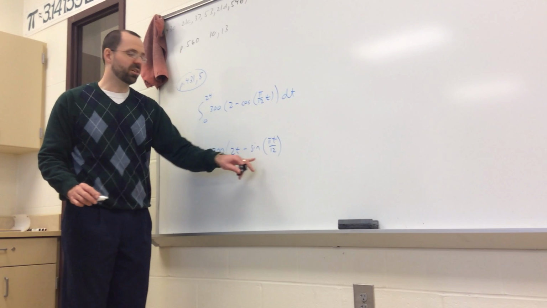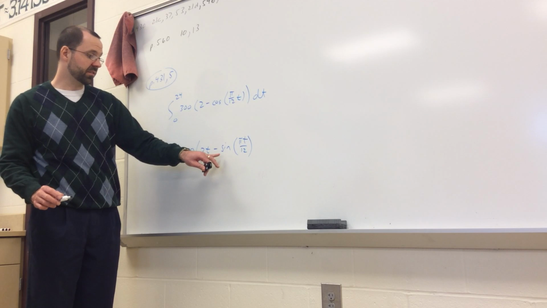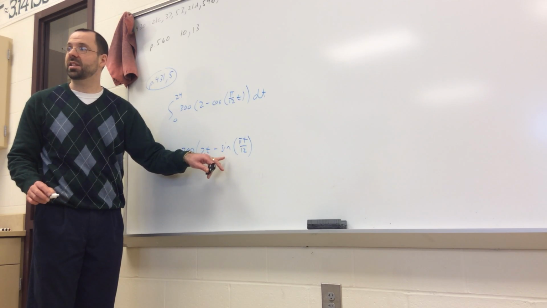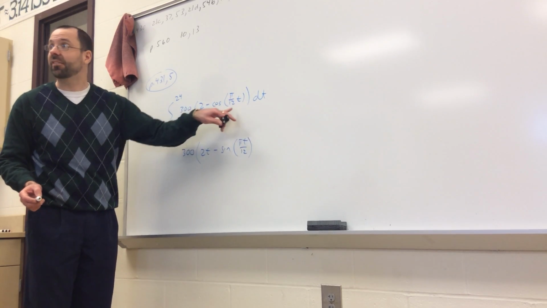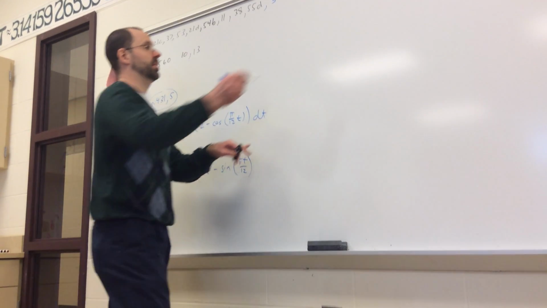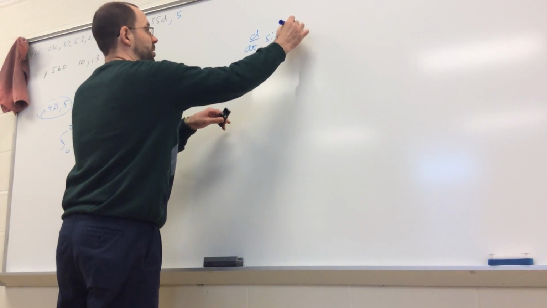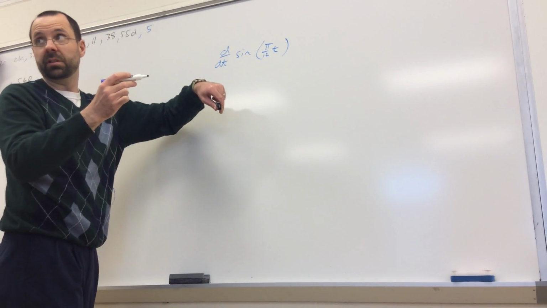And then this is pretty darn close to right, but it's not exactly right. So what I'm going to do is go off to the side and take the derivative of this to see what happens. Because if it's the right antiderivative, I'm supposed to get that, right? Okay, so I'm going to take the derivative of the sine of pi over 12t, and that's a chain rule.